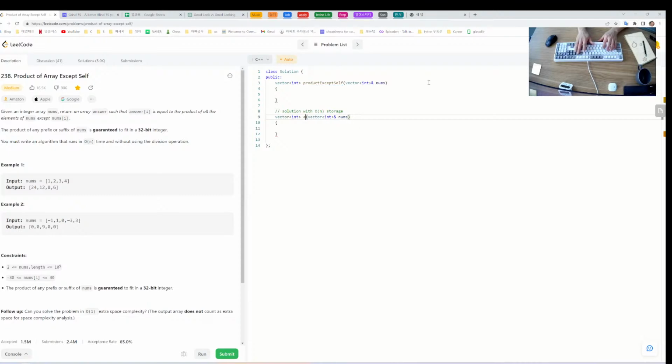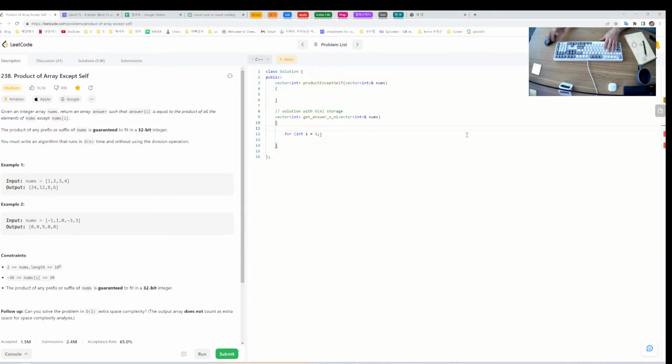Answer, O(n). For the first step, the size must be greater than 2, right?